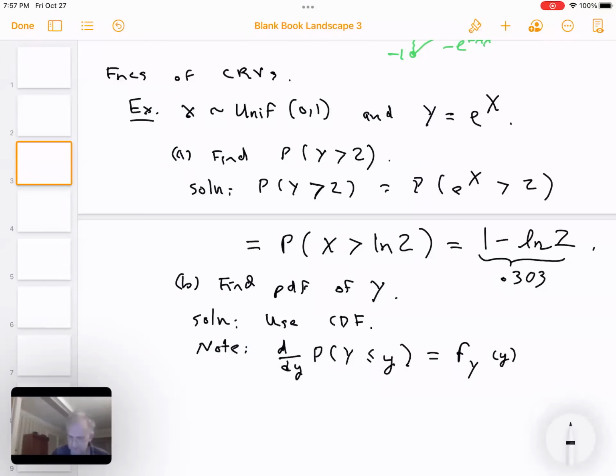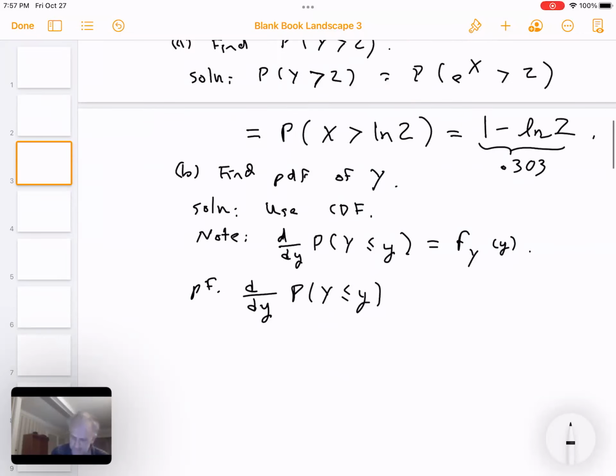Okay, why is this true? Let's prove this. Proof. d/dy of P(y less than little y) is just equal to d/dy of the integral from minus infinity to little y. And now I need the PDF of y.